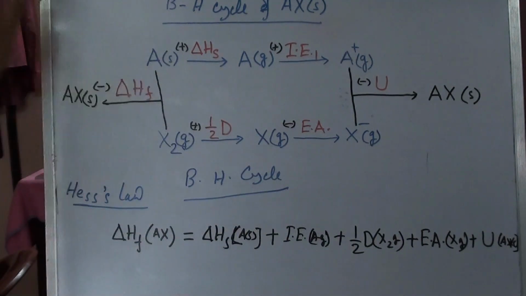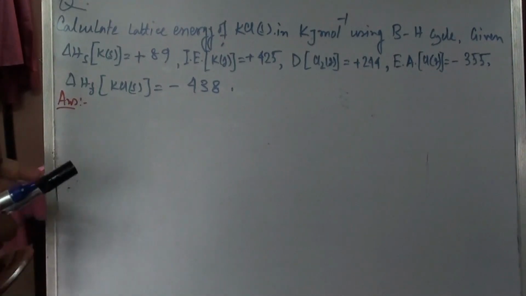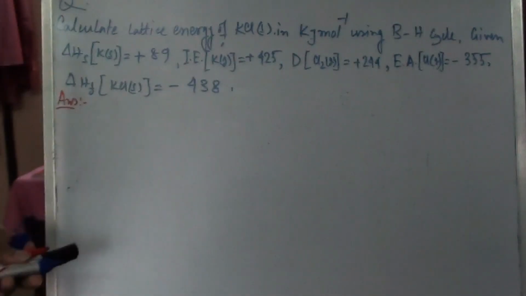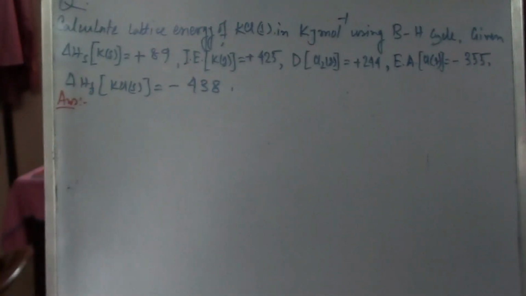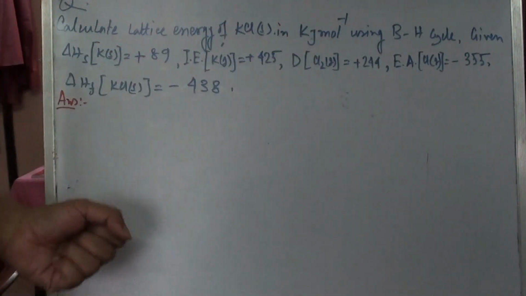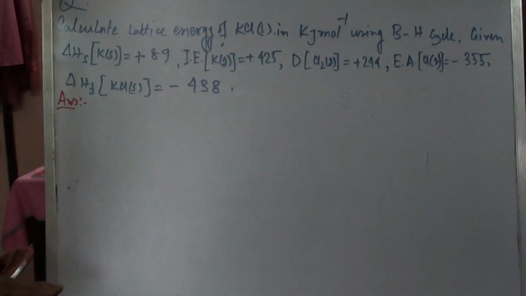Now here we have to calculate the lattice energy of KCl solid in kilojoule per mole, applying the Born-Haber cycle.